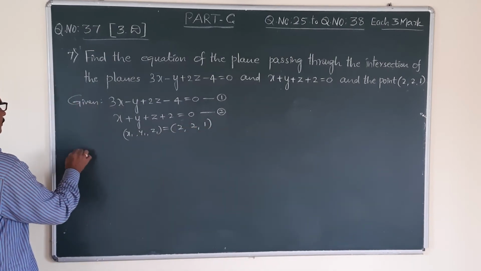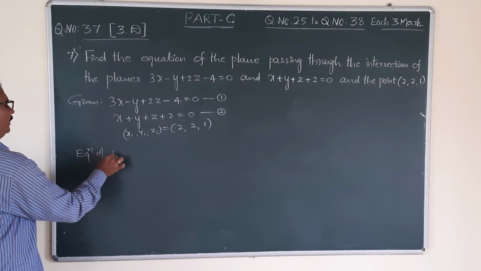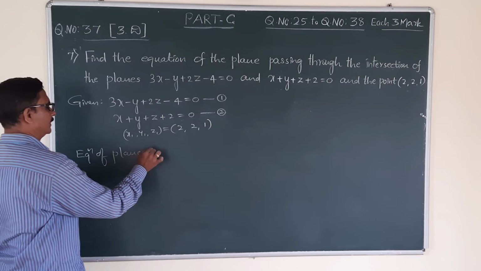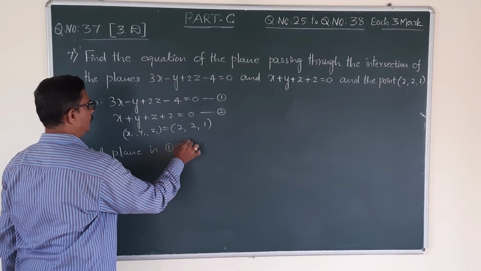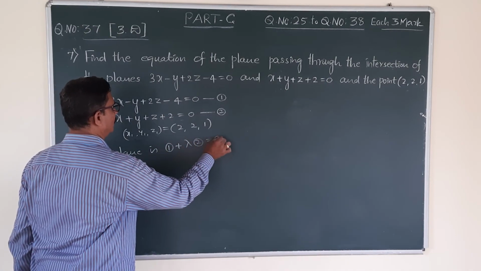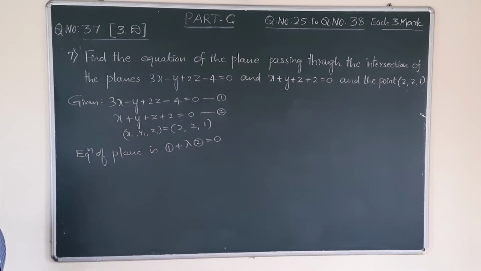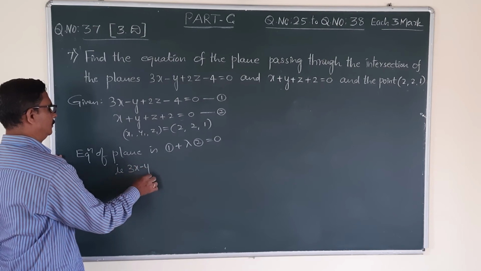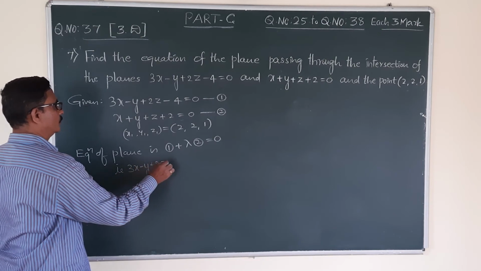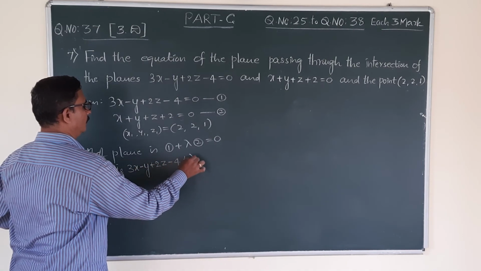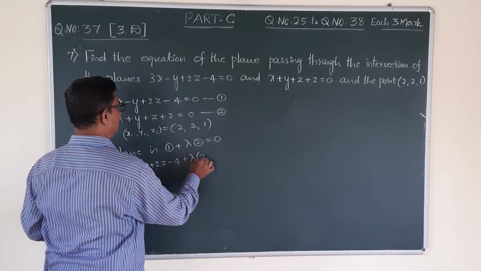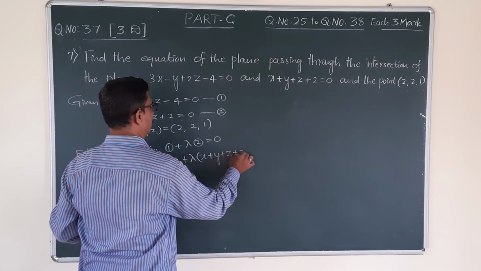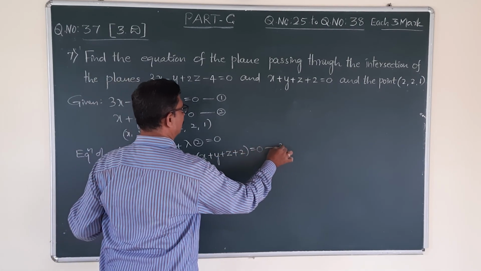Now you know the formula. The equation of the plane passing through the intersection of two planes is given by first plane plus lambda into second plane is equal to 0. Now what is first plane? That is 3x minus y plus 2z minus 4 plus lambda into second plane, x plus y plus z plus 2 is equal to 0.